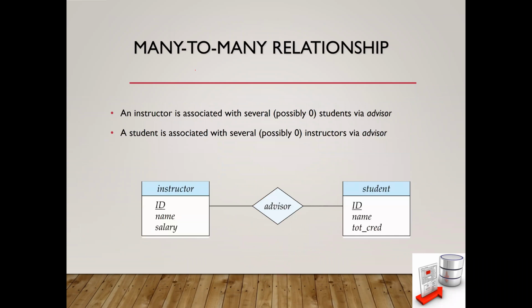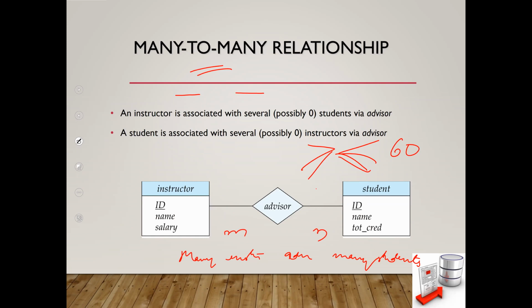Now, many to many, as the notation goes, many, many. No arrows anywhere. Many to many, which means M to N. Many instructors advise many students. This is actually the scenario which happens now. You 60 of you are being taught by many of us. Anne teaches you, Shiju teaches you, Father Angelo teaches you, Kirti ma'am teaches you.